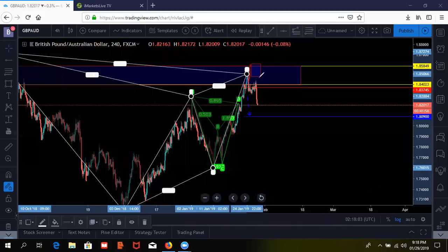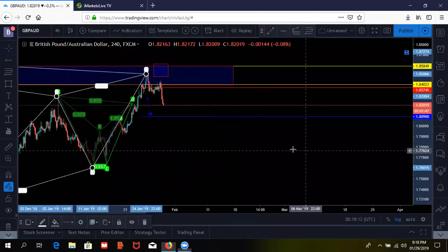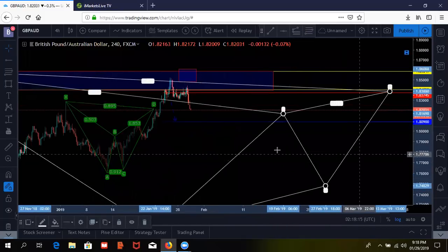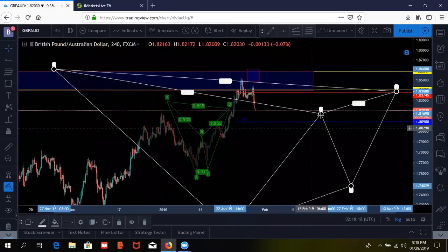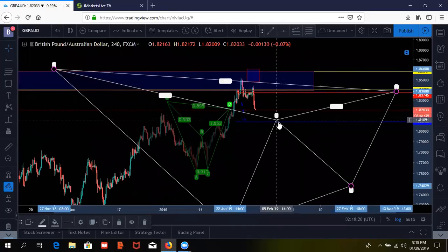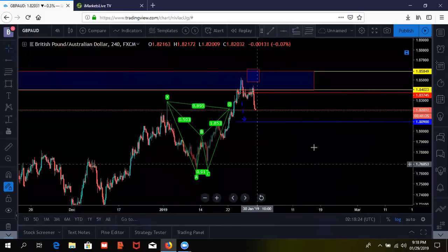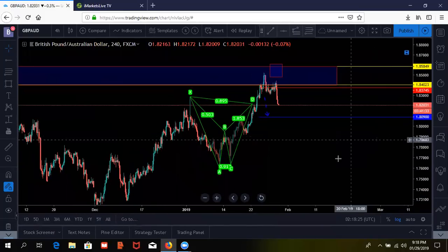My entry point will be out of this red box right here. And look what happened. Price went right up there into that box and completed the Gartley pattern just as I wanted it to, and then from there it reversed and dropped. So let me throw that back on there real quick.